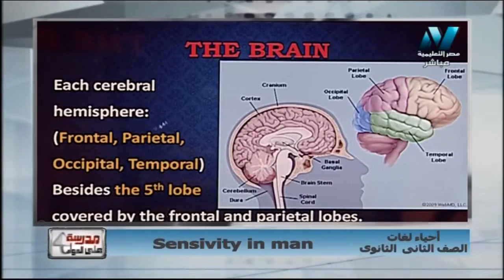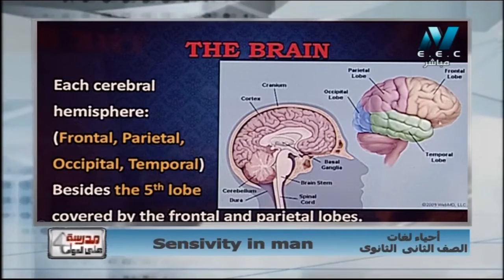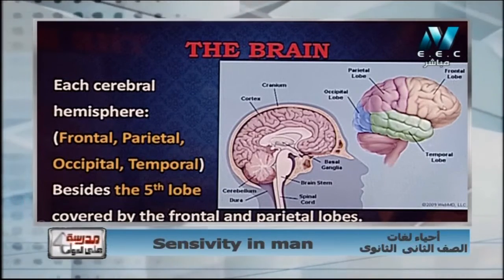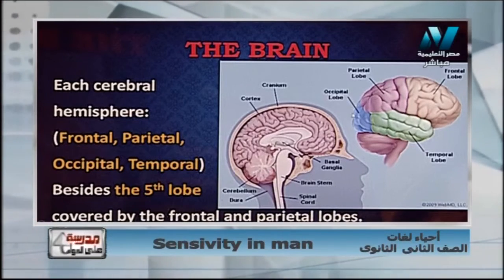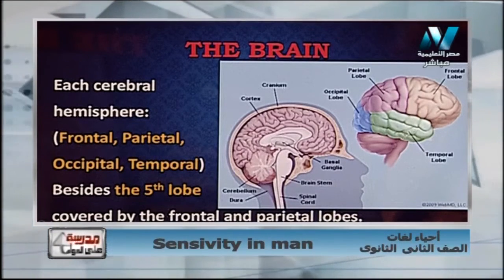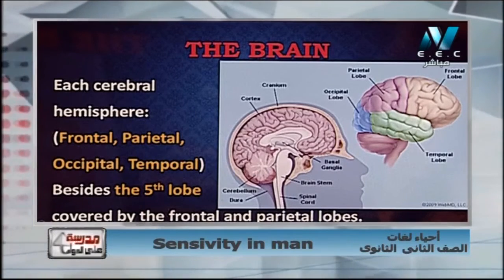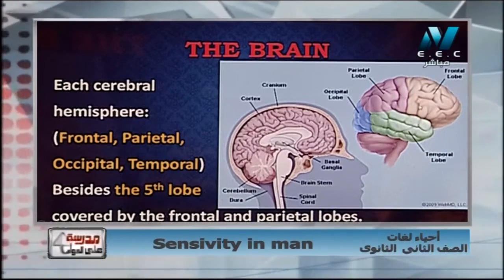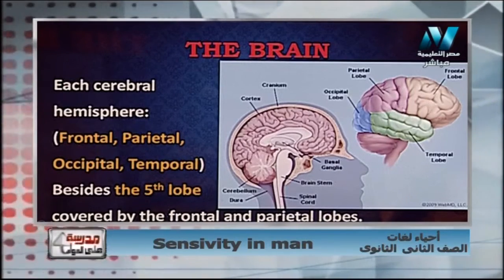Each cerebral hemisphere is composed of many lobes. Notice this picture: the frontal lobe, the parietal lobe, occipital lobe, and temporal lobe. This picture is very nice, showing different colors to distinguish different lobes of the brain.